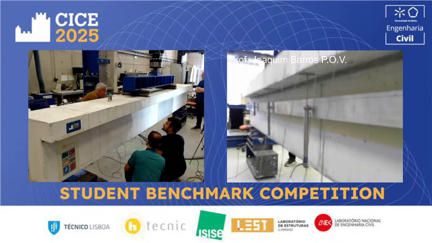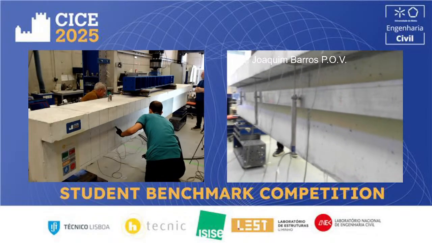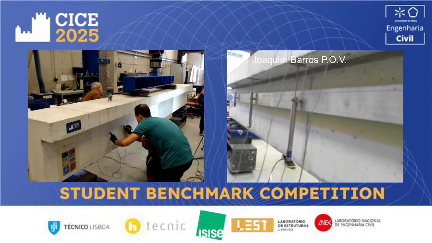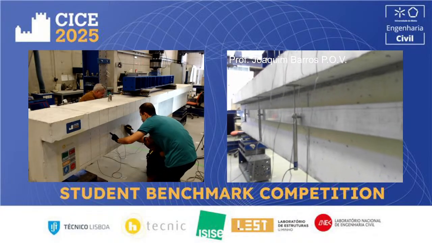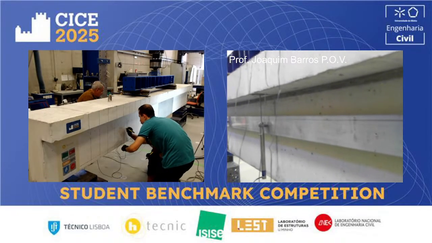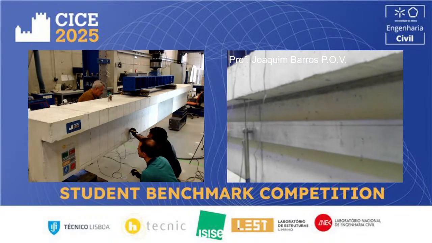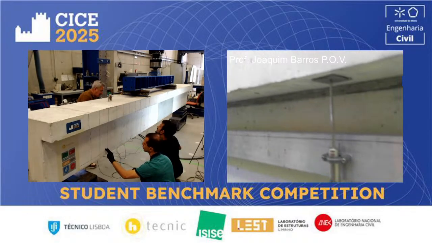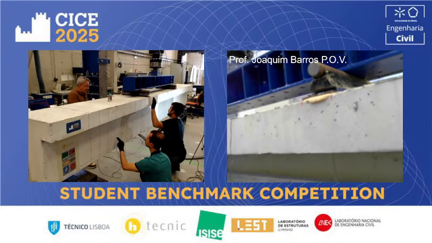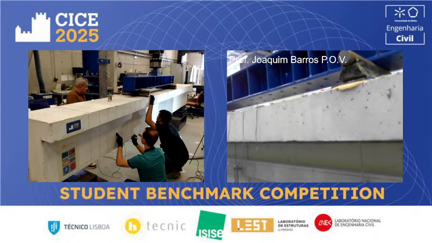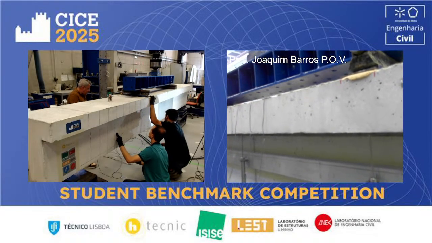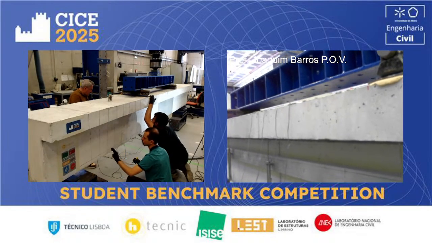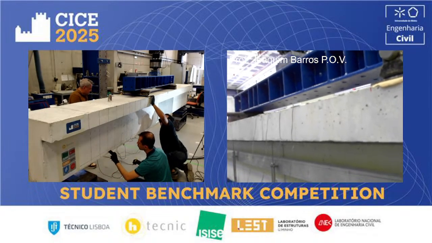In reality, we can detect the deformation. 1, 2, 3, 4, 5, 6. I think there are 6 cracks in the pure bending region: one in the alignment of the loads, and then more cracks, 4 cracks in the interior of this span.